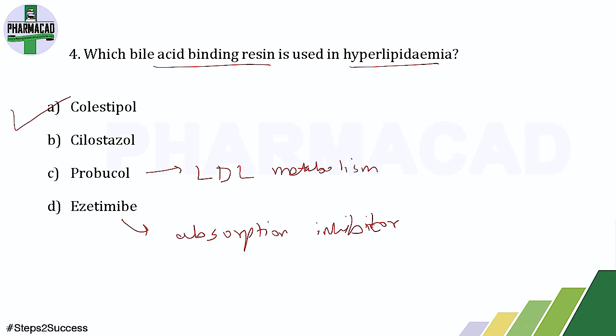So it will metabolize LDL. Cilostazol is another antihyperlipidemic drug. Then the only option we are left with is cholestyramine, which is the bile acid binding resin. So the correct option here is option A.